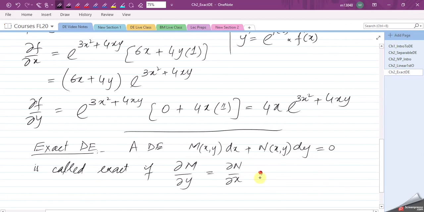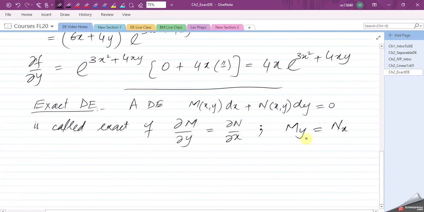We also write this condition as M_y equals N_x. This y is written little smaller, just like you write x1. Subscript we call it, in mathematics. So this is written in the subscript, not multiplied.